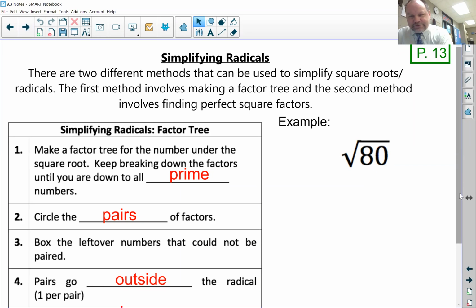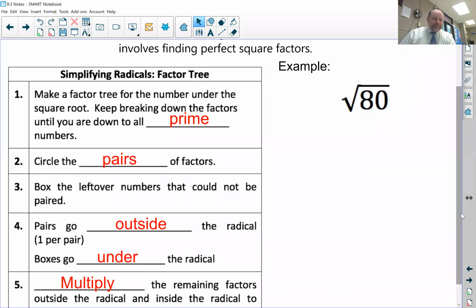So the factor tree method, make a factor tree for the number under the square root. Keep breaking down the factors until you are down to all prime numbers. So remember, prime numbers are numbers evenly divisible by 1 and themselves, and that's it. Circle the pairs of factors.